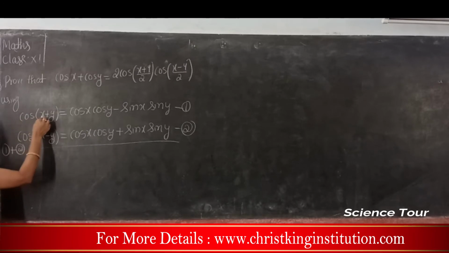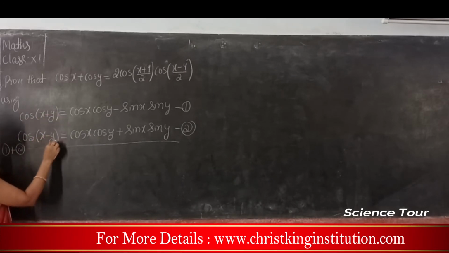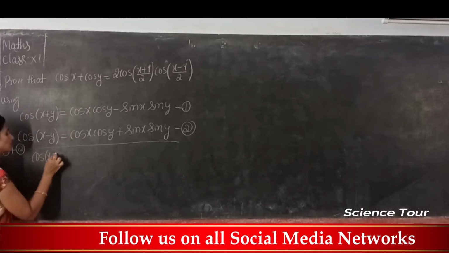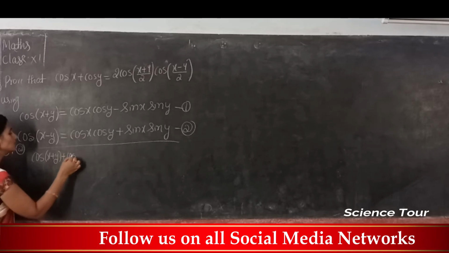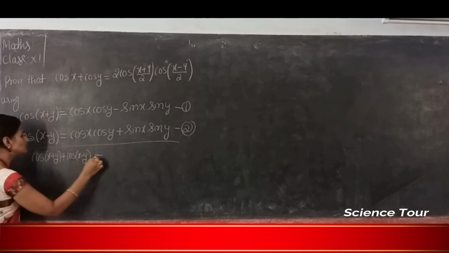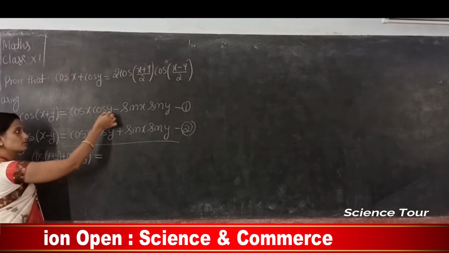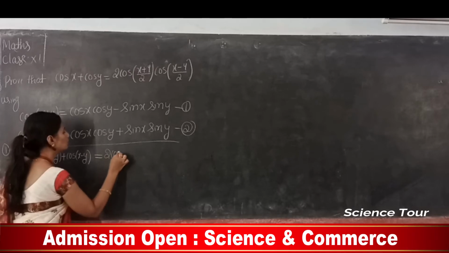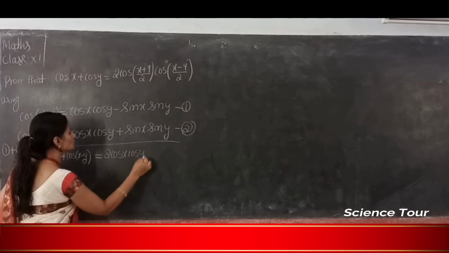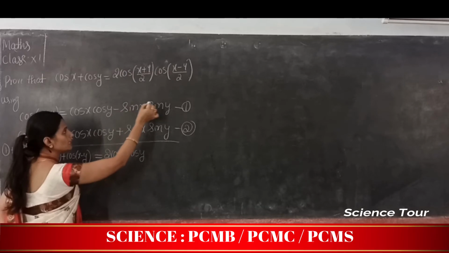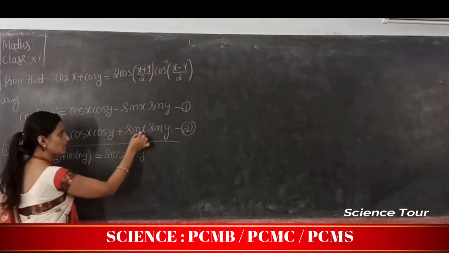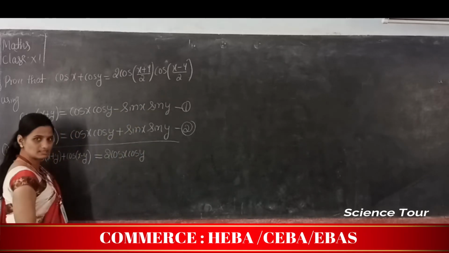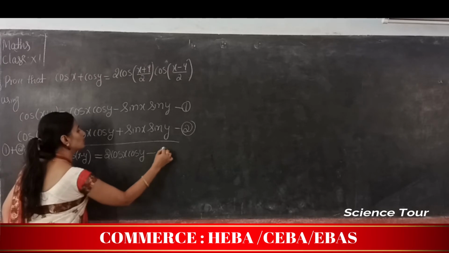Now cos(x plus y) and cos(x minus y) are different, so adding gives cos(x plus y) plus cos(x minus y), which is equal to cos x cos y plus cos x cos y, so it is equal to 2 cos x cos y. Minus sin x sin y plus sin x sin y, same but different sign, cancels, answer is 0. Right? So let it be equation number star.